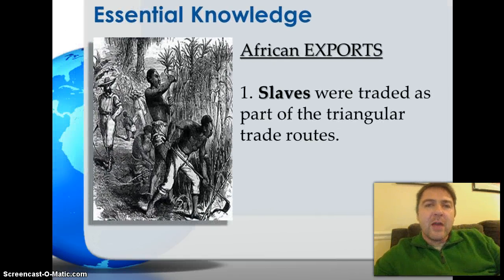Our essential knowledge really revolves around knowing the products that Africa exported, sent out to other places, and imported, brought in from other places. The exports we need to know, in the economics of the 15, 16, 1700s, largely revolved around slaves.